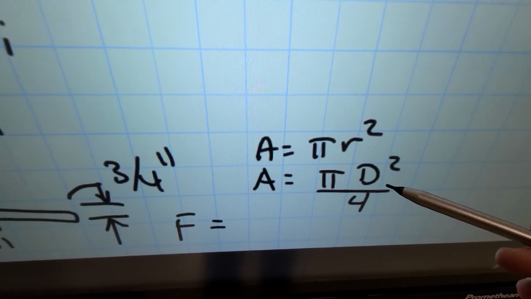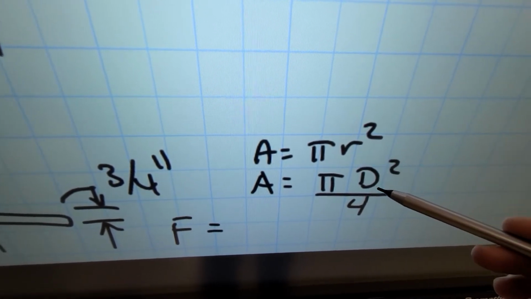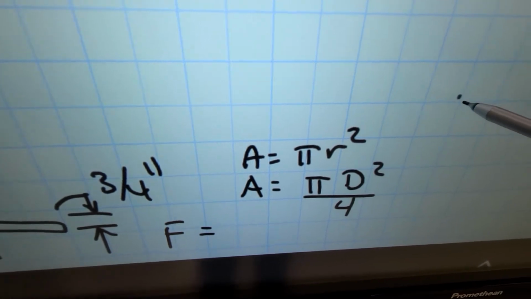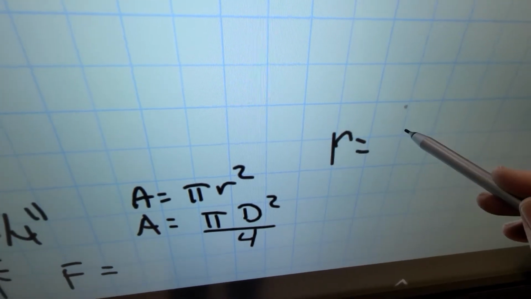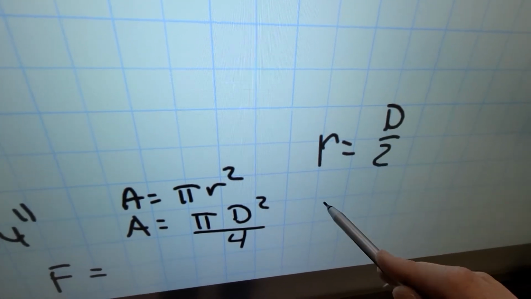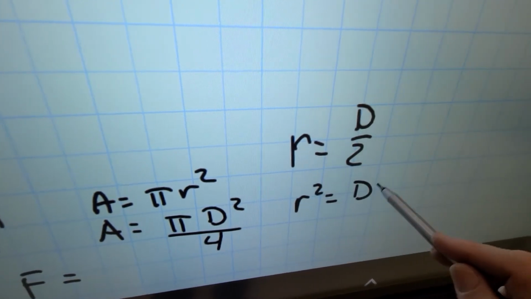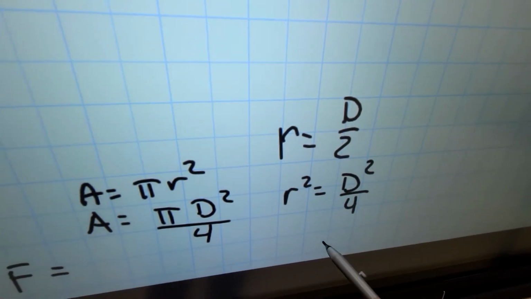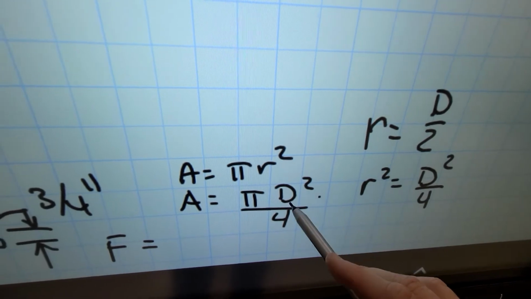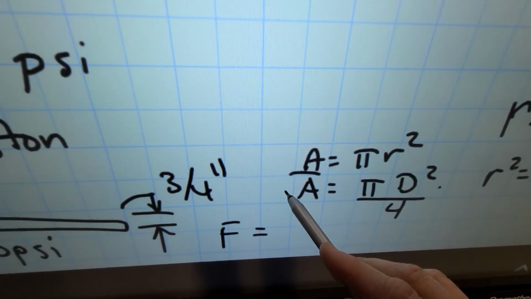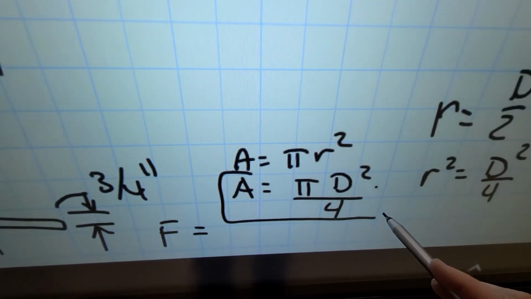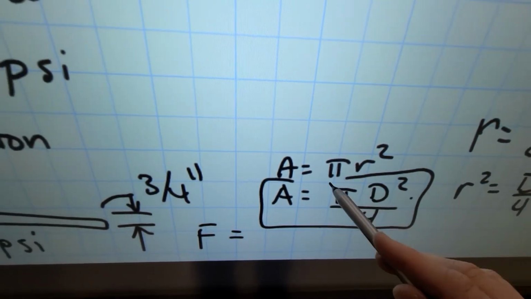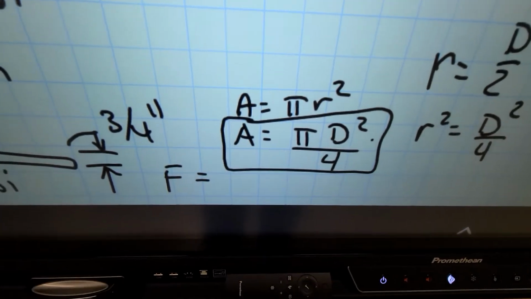R is d over 2. So since R equals d over 2, r squared is d squared over 4. So that's where this comes from. I like to use this equation because I don't have to divide the diameter by 2 and do all that extra math.